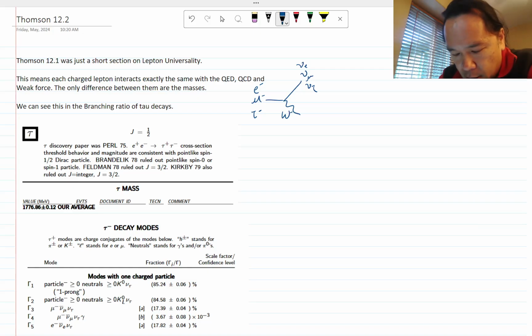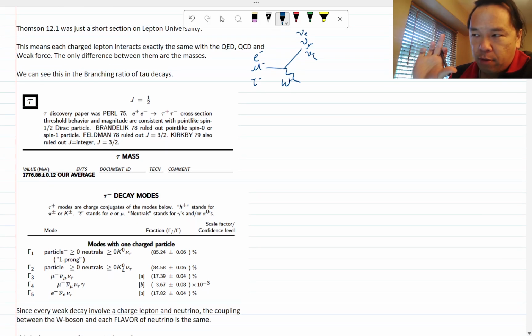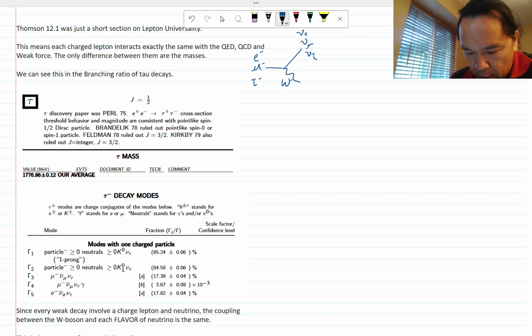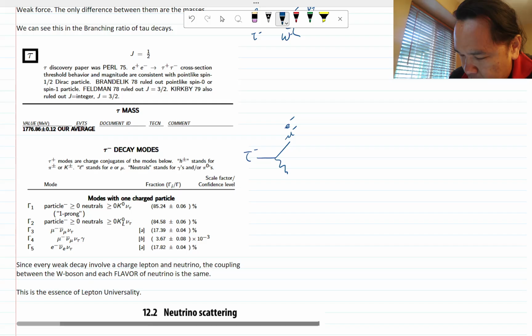Okay. One piece of evidence for this idea of lepton universality, how basically electrons and muons behave the same way except for their mass, is the tau decay. So a tau can either decay into an electron or a muon.